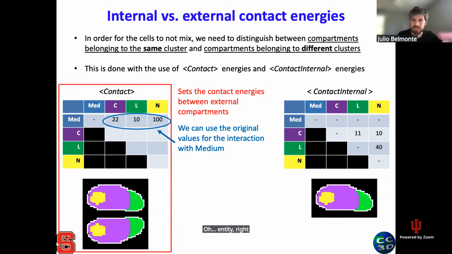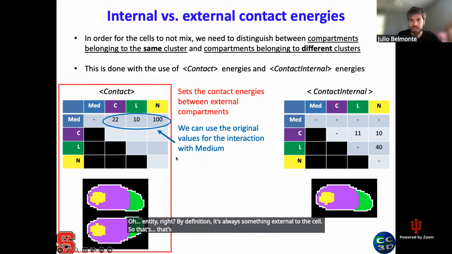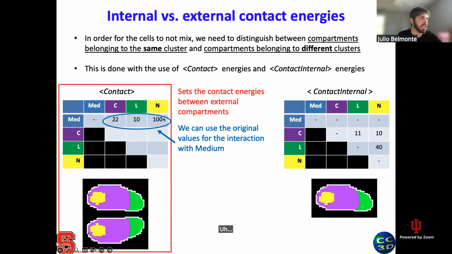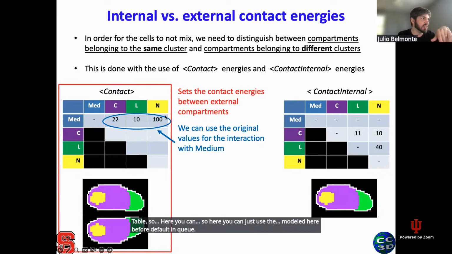By definition, it's always something external to the cell. So that's where all your external energies go, into the main contact energy table. So here you can just use the model that we had before, 22, 10, and 100.